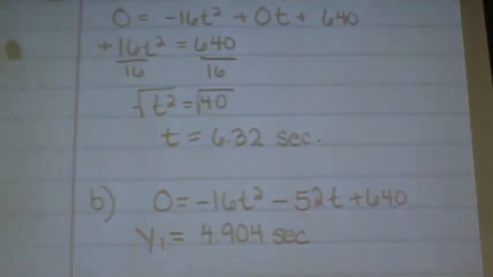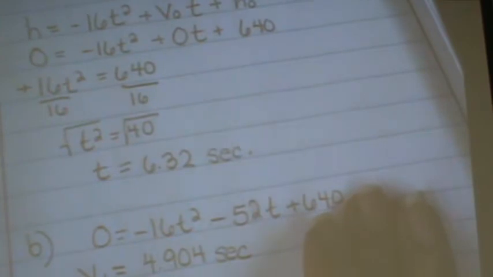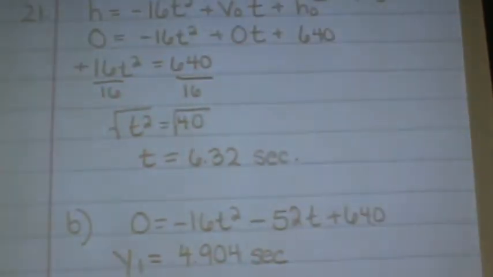22. 22 says, you are standing on a cliff 200 feet high. How long will it take a rock to reach the ground at the bottom of the cliff in each case?